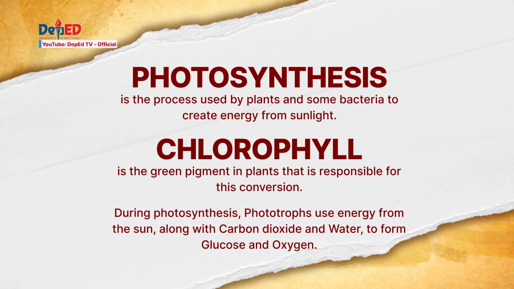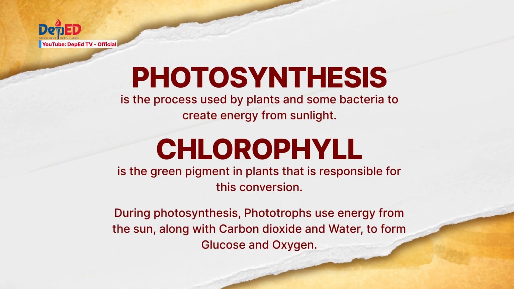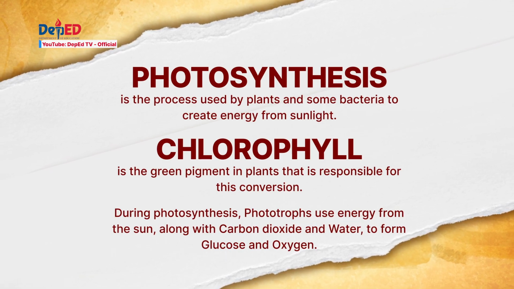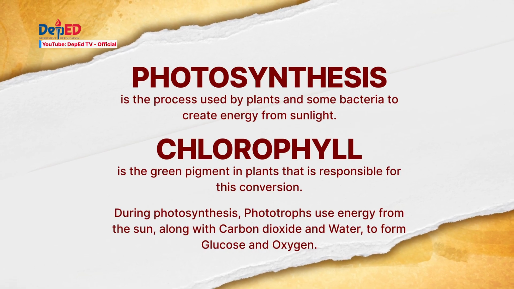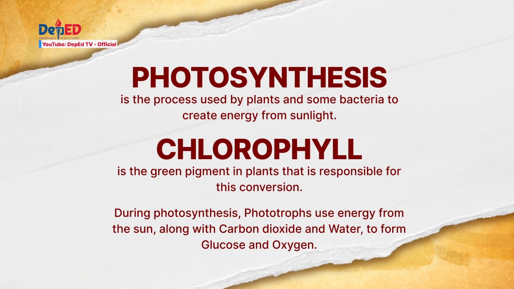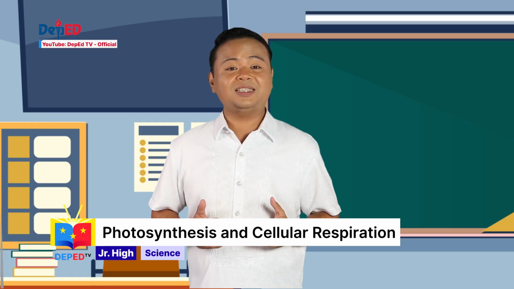Photosynthesis is the process used by plants and some bacteria to create energy from sunlight. Chlorophyll is the green pigment in plants that is responsible for this conversion process. During photosynthesis, phototrophs use energy from the sun along with carbon dioxide and water to form glucose and oxygen. Can you illustrate the equation for photosynthesis?